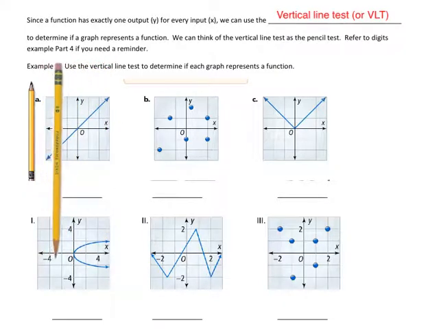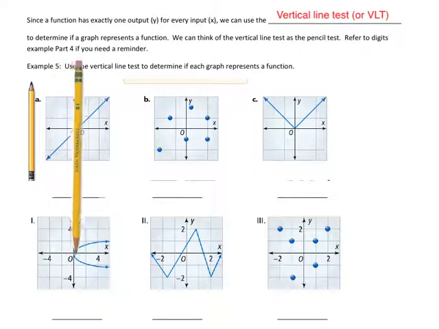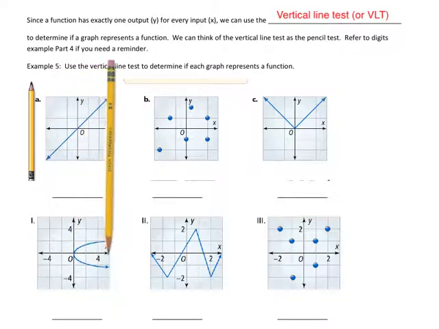So this one, every time I move my pencil across the graph only touches it once. Because of that, this is a function, so we say it passes the vertical line test. So we are determining if it represents a function. This first one does, so we would say yes.